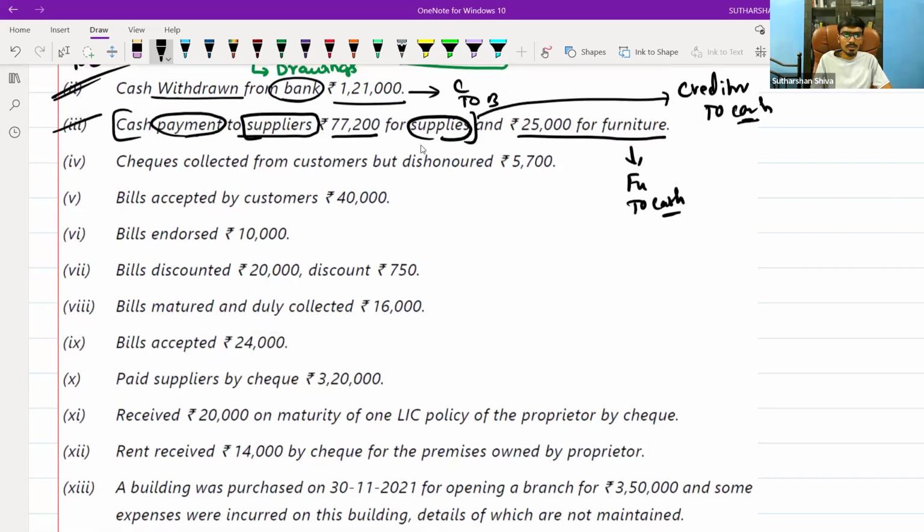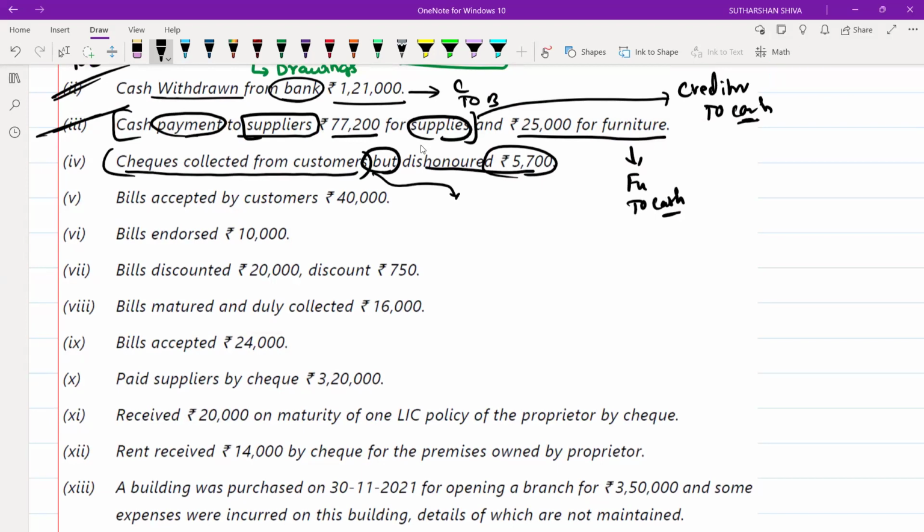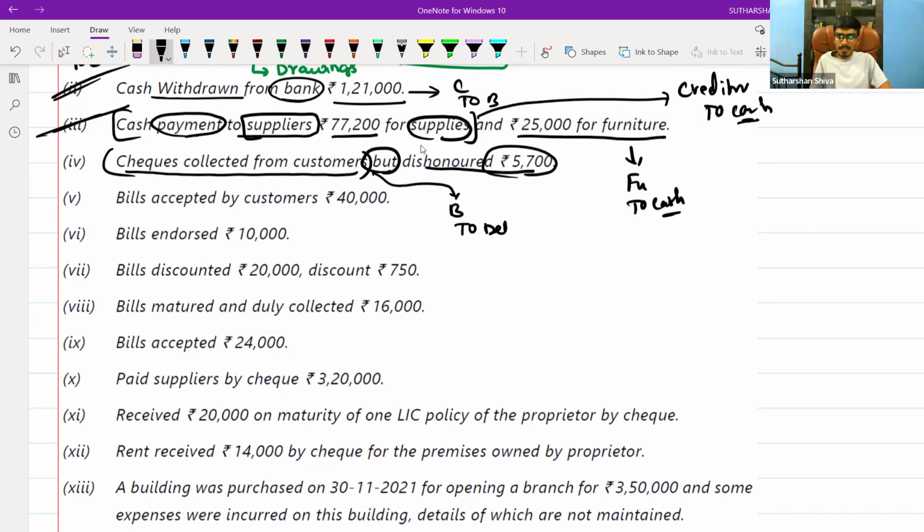The third one is done. Now fourth, cheque collected from customers, but dishonored, 5,700. What is the journal entry for cheque collected from customers? Bank account debit to debtors.